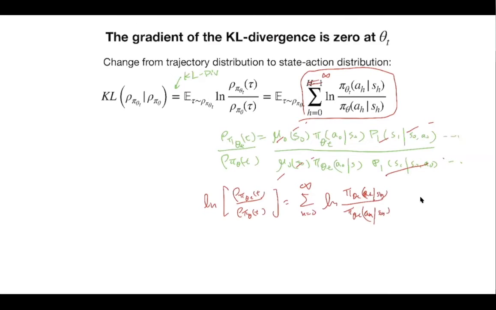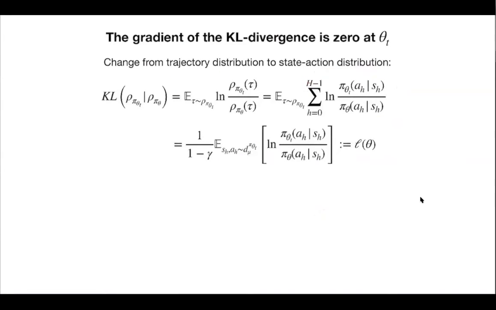Yes, question? The denominator should not have pi of theta t, right? Shouldn't it be just pi of theta? Yeah, correct, of course. Otherwise, this is just going to be a constant one. Okay, great.